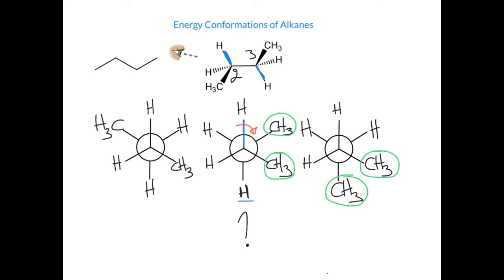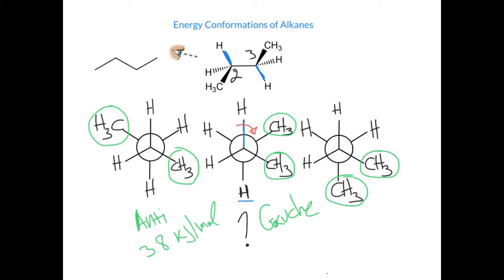So this steric interaction between methyl groups is going to give us what we call Gauche conformation, and we're going to compare this with the conformation we have on the left, where the methyl groups are far away from each other and they don't experience steric repulsion. The conformation we have on the left is called anti-conformation, and it is the most stable by 3.8 kilojoule per mole compared to the Gauche steric repulsion.